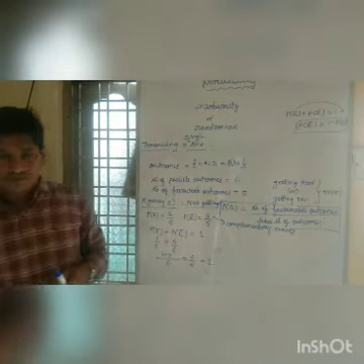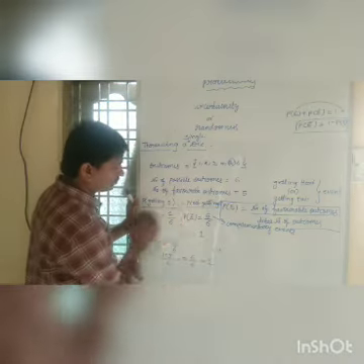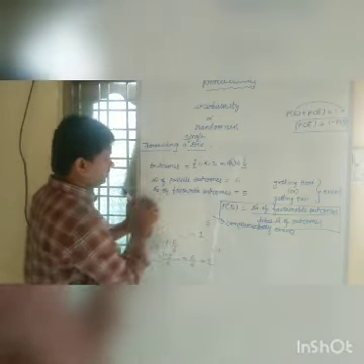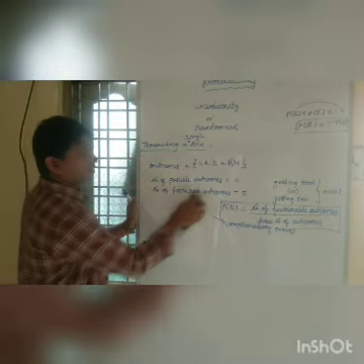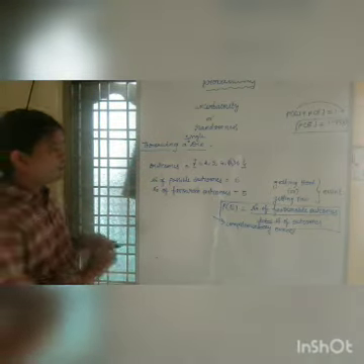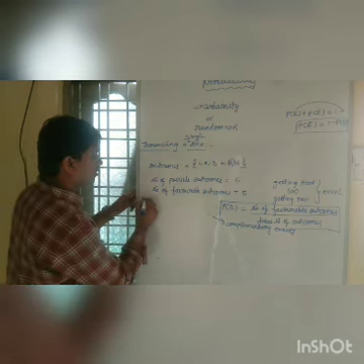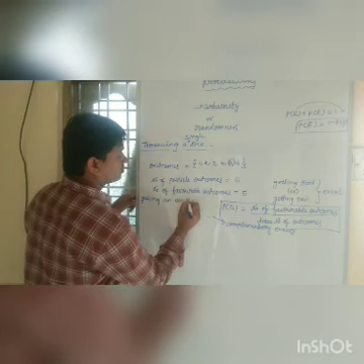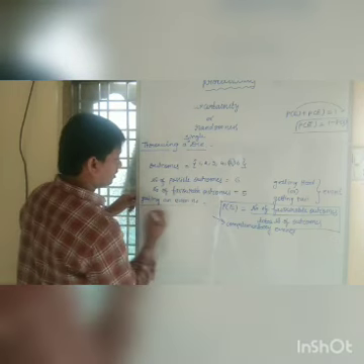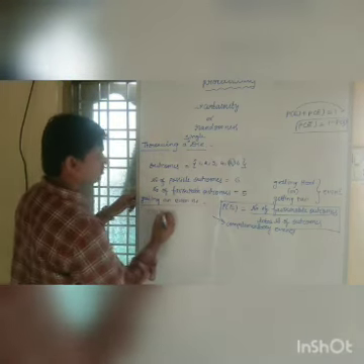Right? Now, coming to one more event, when we throw a single die, what is the probability of getting an even number? What is our event? Event is getting an even number.